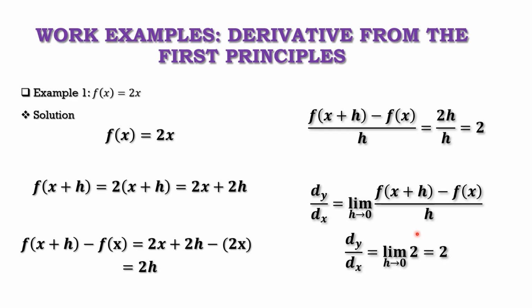So we are going to have dy over dx, that is the first derivative, equal to the limit as h approaches 0 of 2. Limit of a constant is the same constant. So it means that dy over dx of this function using the first principle will be equal to 2.